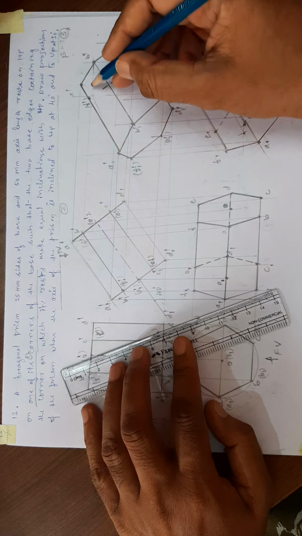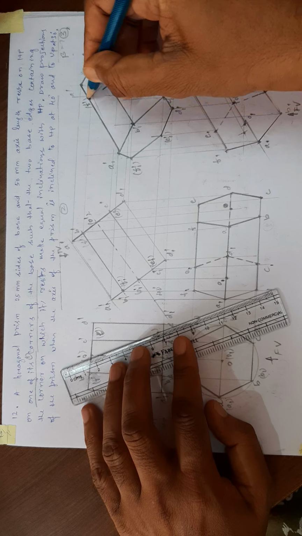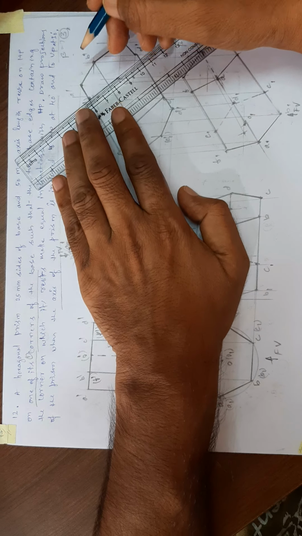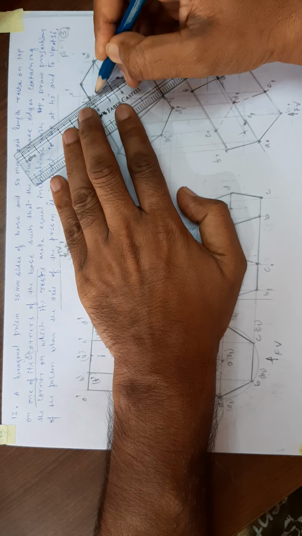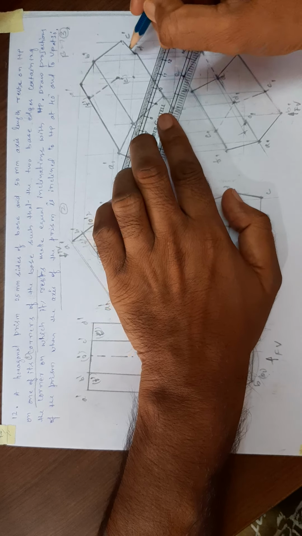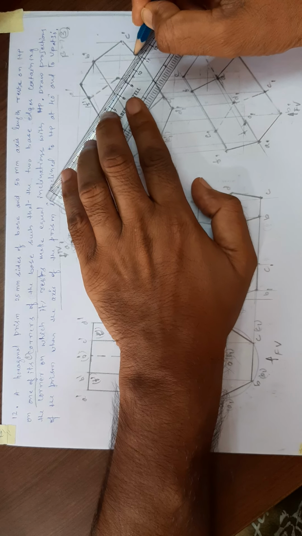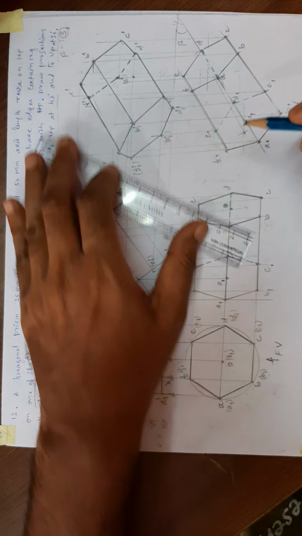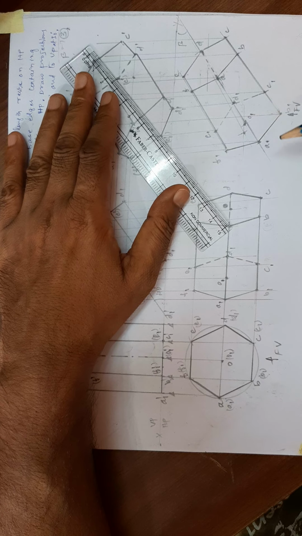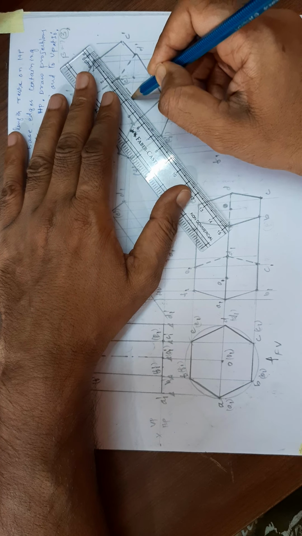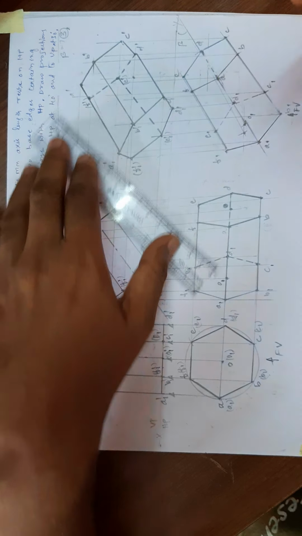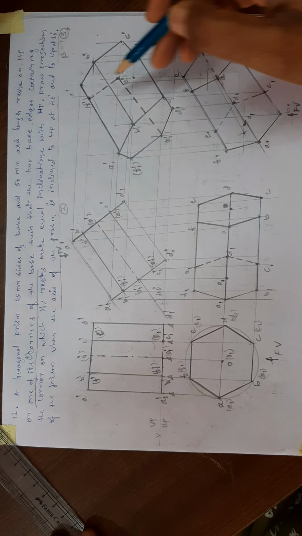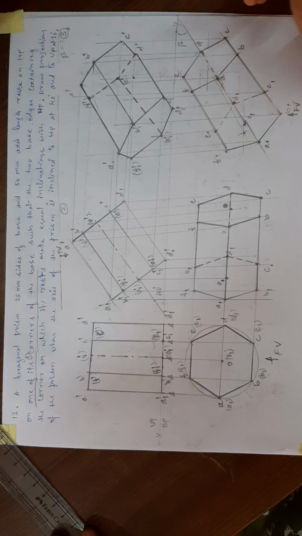Now see, F here. So that is an invisible point, draw with dash lines. Similarly, this point is invisible like this, and this point is invisible. So 1, 2, 3, 4, 5, 6.